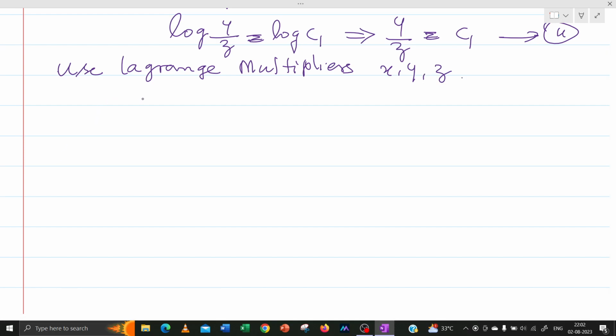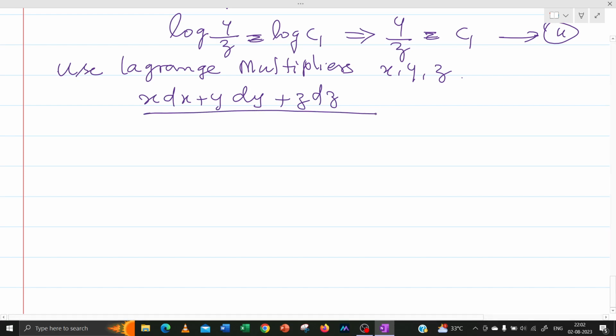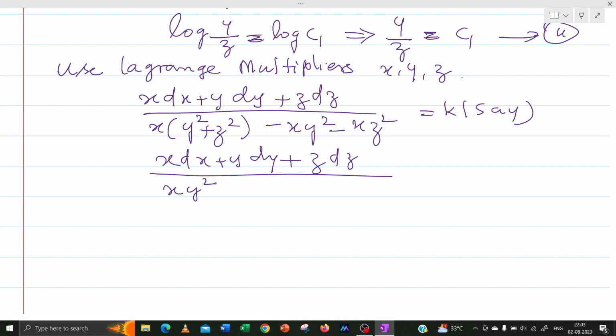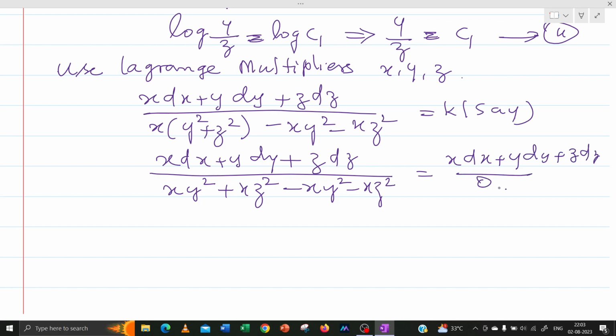We will get x dx plus y dy plus z dz divided by x into (y square plus z square) minus xy square minus xz square, equal to some constant k. We can see x dx plus y dy plus z dz is the numerator. What is the denominator here? xy square plus xz square minus xy square minus xz square. So x dx plus y dy plus z dz divided by the denominator 0.